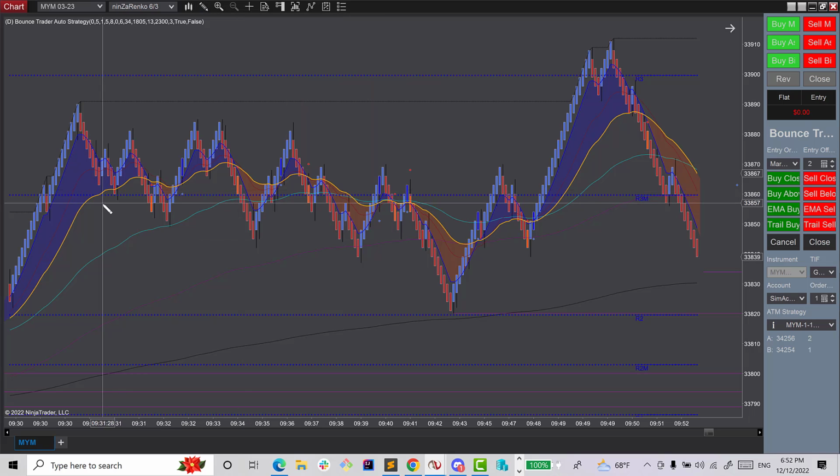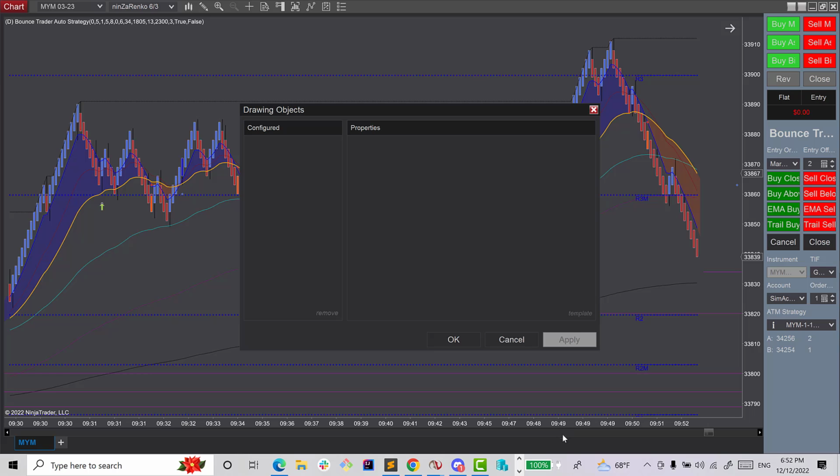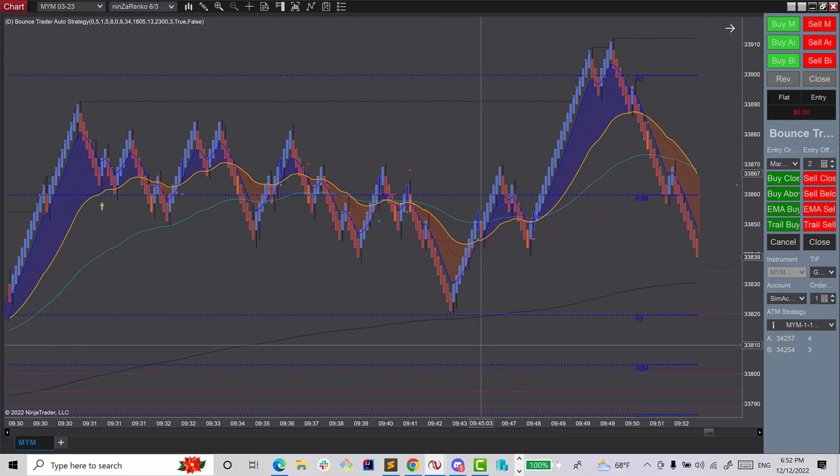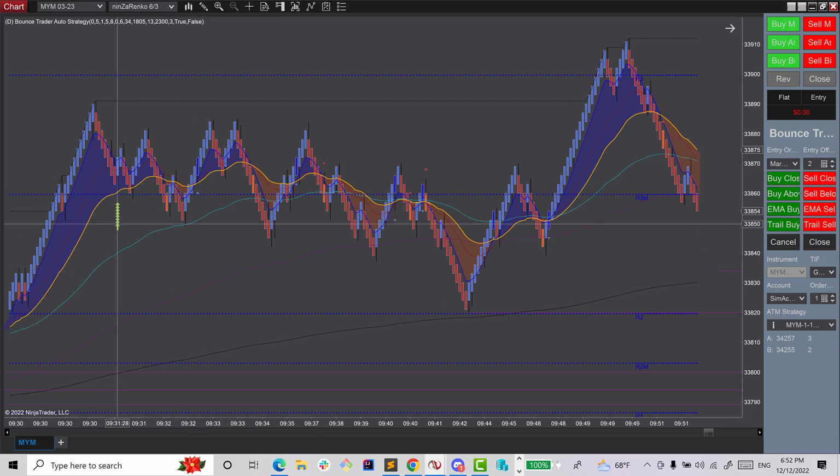I have a bounce here, and just copy and paste it. I'll paste many of them at a time. So here's a bounce. We have a bounce here.